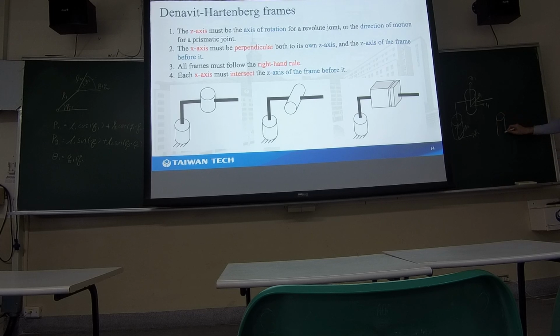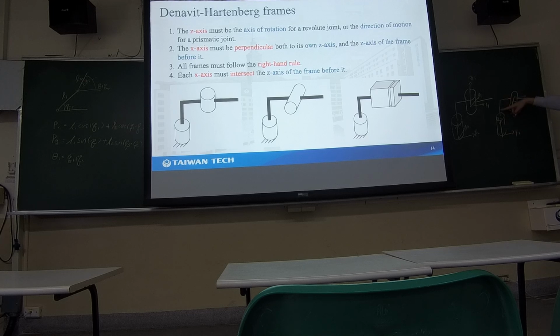And the second one. If we set up z0 here, and z1 is about the board, we need the x-axis to pass through both axes.